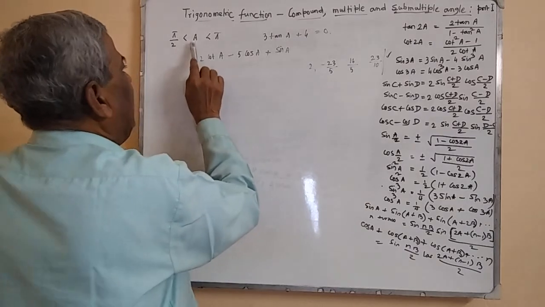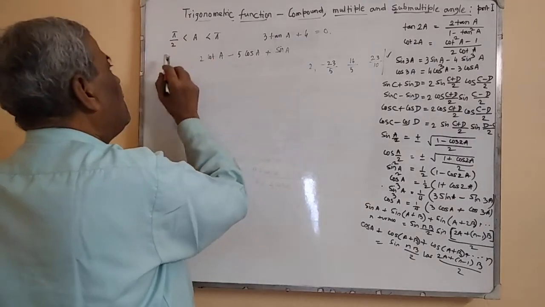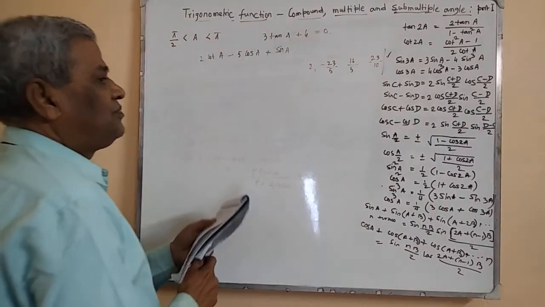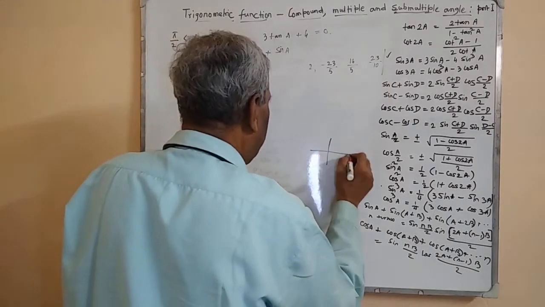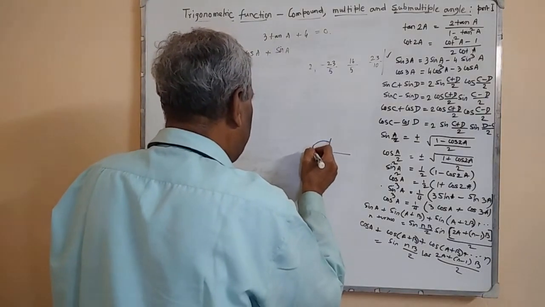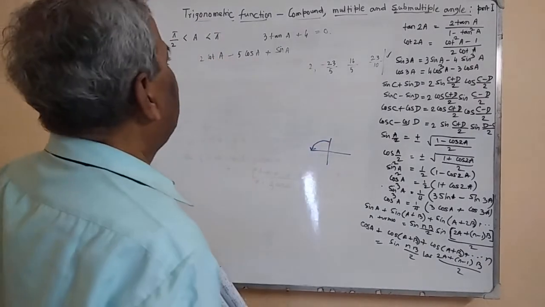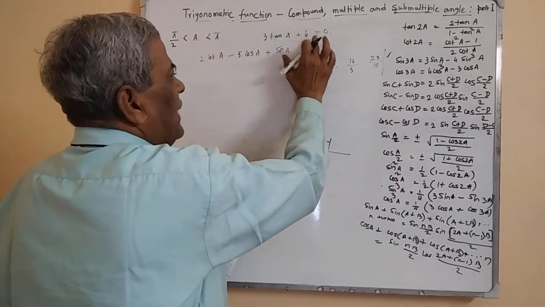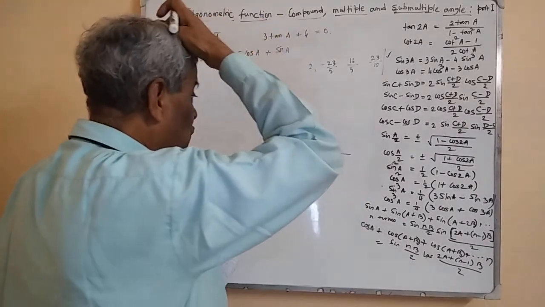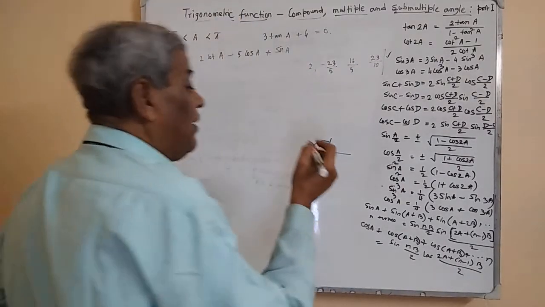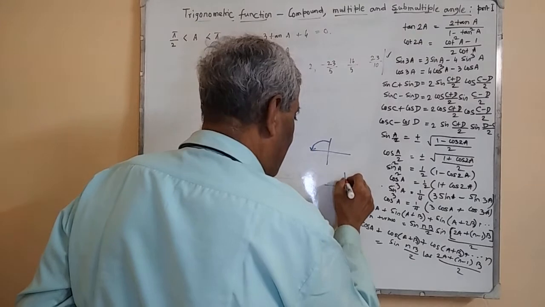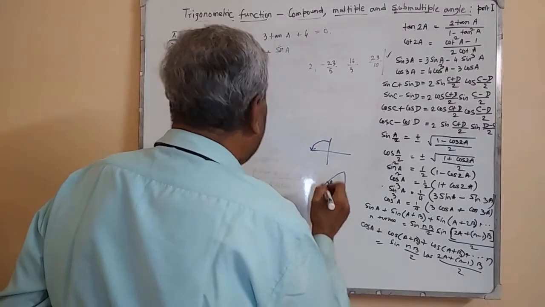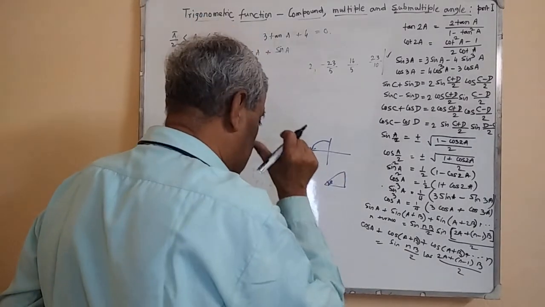It is given that A lies between pi by 2 to pi, that is, it lies in the second quadrant. In the second quadrant, tan A is negative, and it is given tan A is equal to minus 4 by 3, negative. Now we use some triangle form. If this angle is A, tan A is equal to minus 4 by 3.